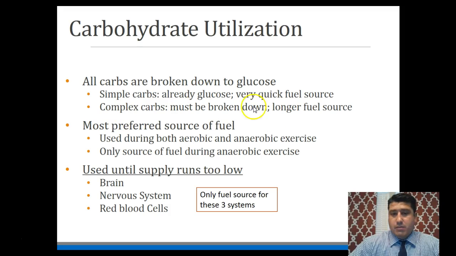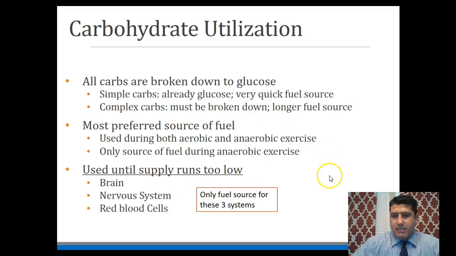However, there's a point where the body detects that the carbohydrate reserve is reaching a critical level. There are three systems in the body, the brain, the nervous system, and red blood cells, that rely solely on carbohydrates. They can't function with fats or proteins. They can only function with carbohydrates.